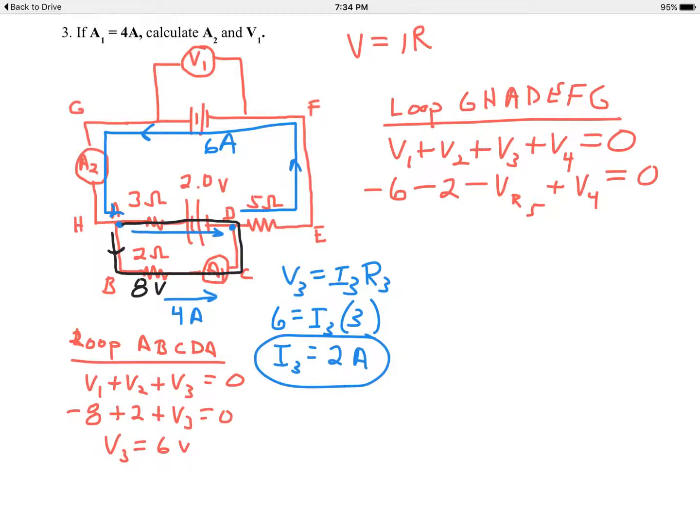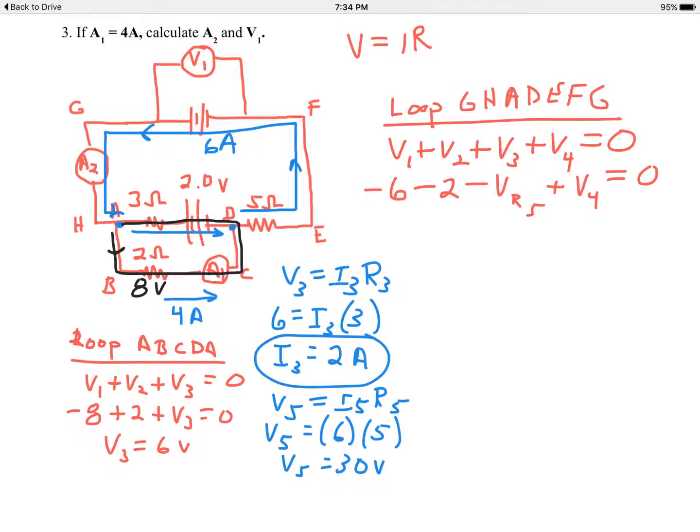Or in other words, there's 6 amps going through the 5 ohm resistor. Therefore, for the 5 ohm resistor, V5 equals I5 R5. So V5 is 6 amps times 5 ohms. V5 equals 30 volts.